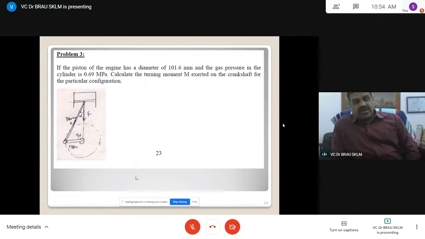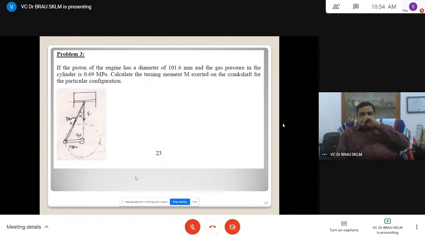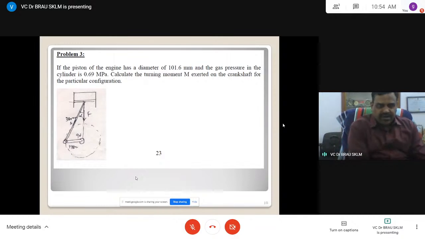Calculate turning moment M exerted on the crankshaft for a particular configuration.